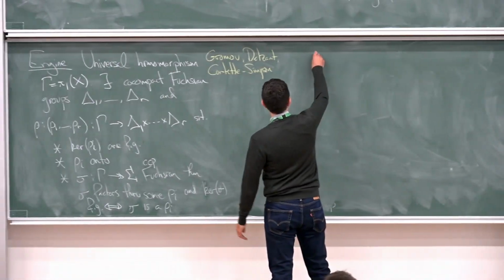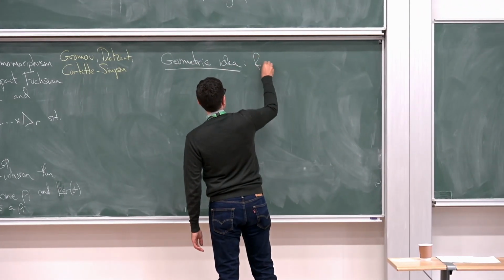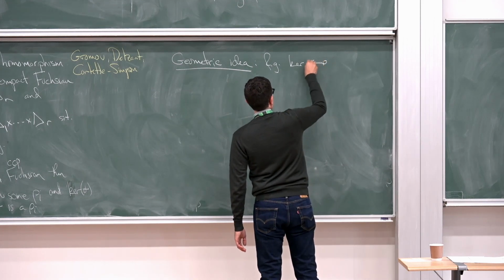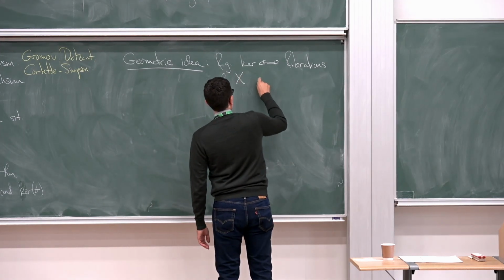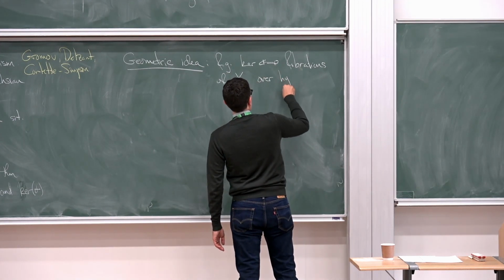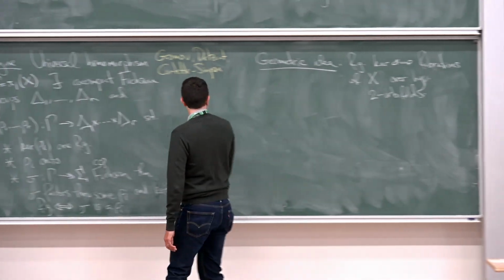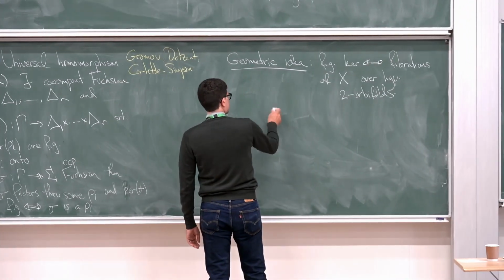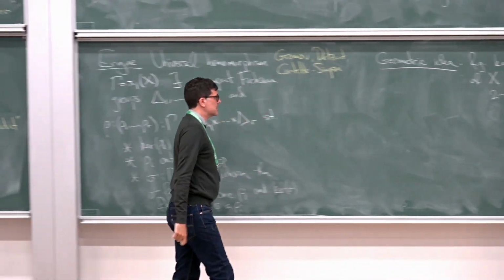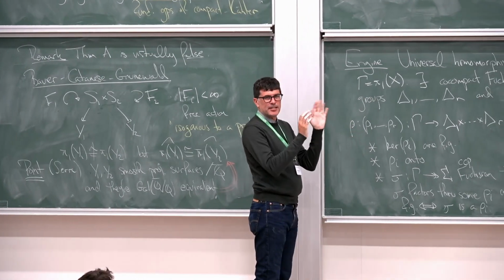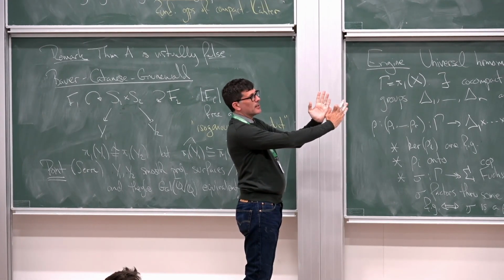And there's a geometric idea behind this, which is that these finitely generated kernels are really telling you that these are coming from fibrations of X over hyperbolic two-orbifolds. The fibrations can be singular in the complex sense, so they're allowed to have singularities, but then there's a general fiber, which will be some compact manifold.